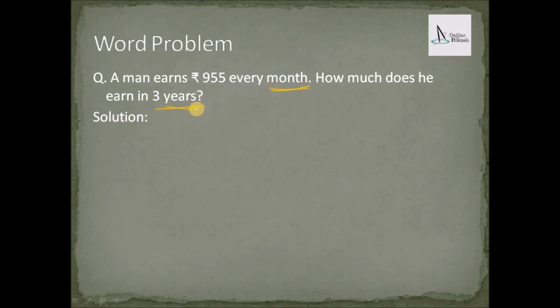So what we will do, we will change this 3 years first to months. We know that 1 year is 12 months, so 3 years means 12 multiplied by 3. Yes or no? In every year there are 12 months, so 12, 12, 12, that means 3 12s. So 3 12s are 36 months.